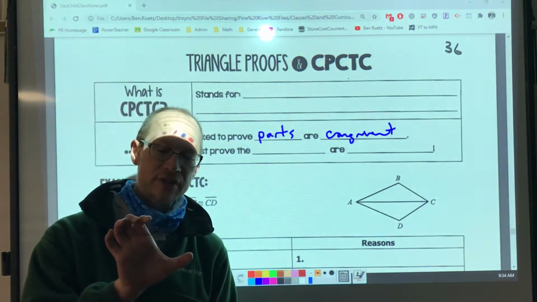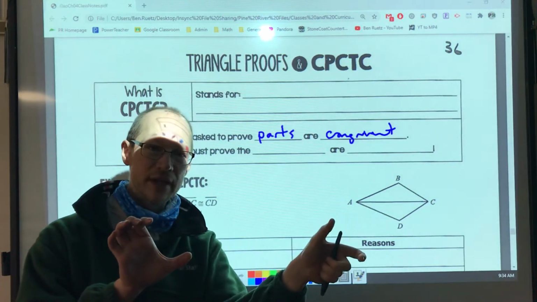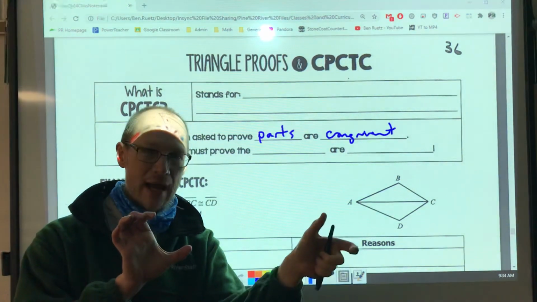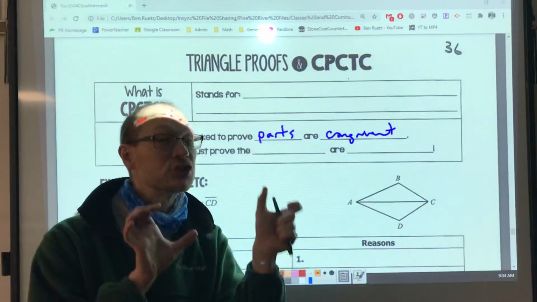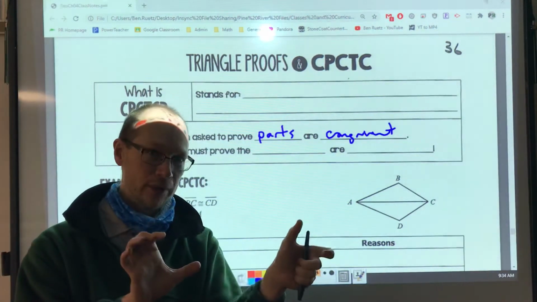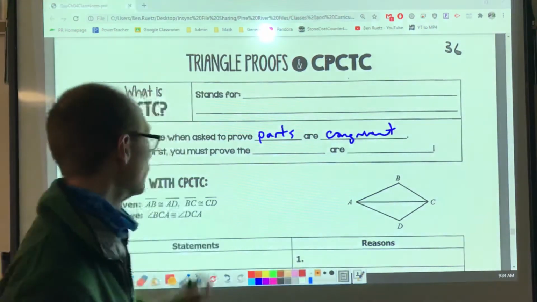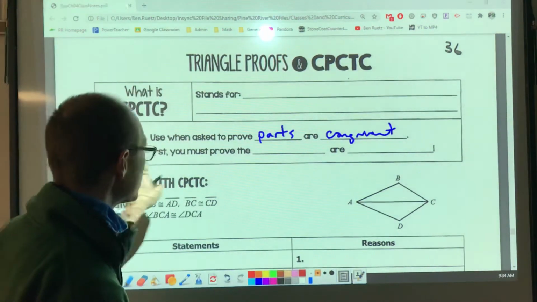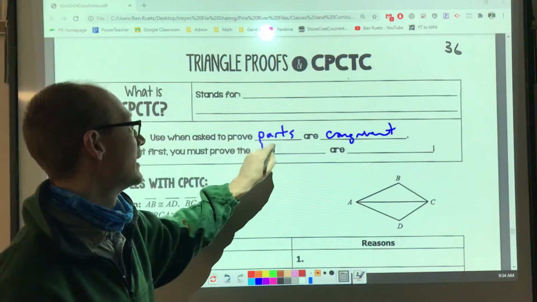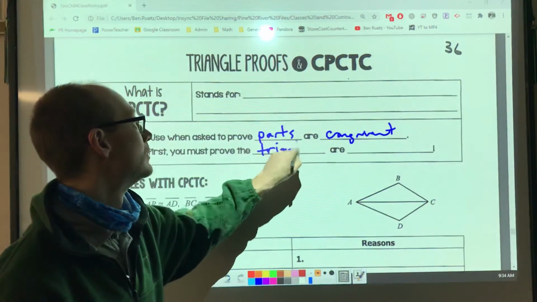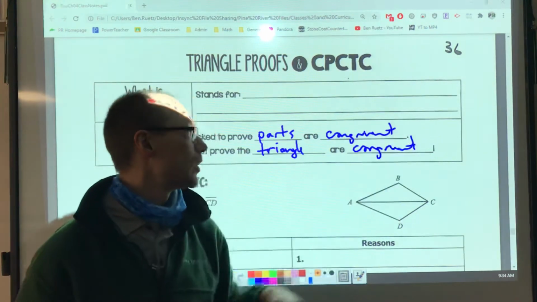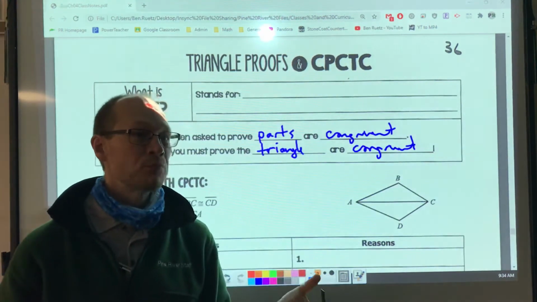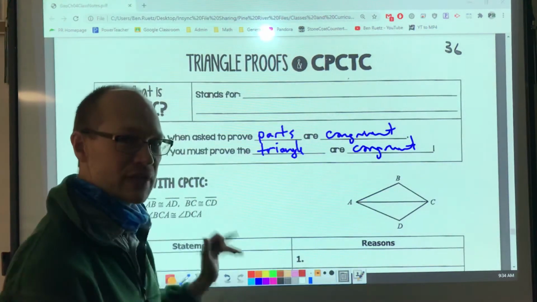I think this side is the same length as this side. Well, if these sides correspond with each other, and if the triangles are congruent, then you know the parts are congruent. So first, you have to prove the triangles are congruent. So really, when we're working through these problems, it's just an extra step thrown in.